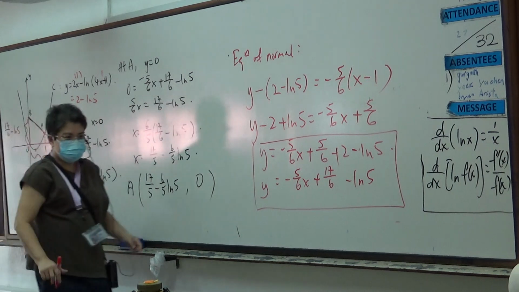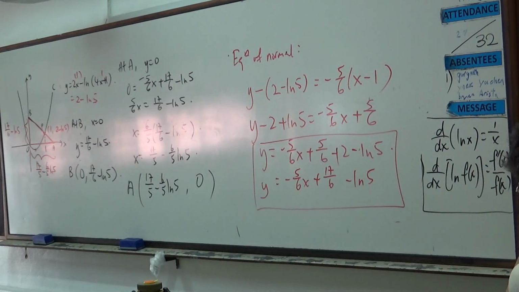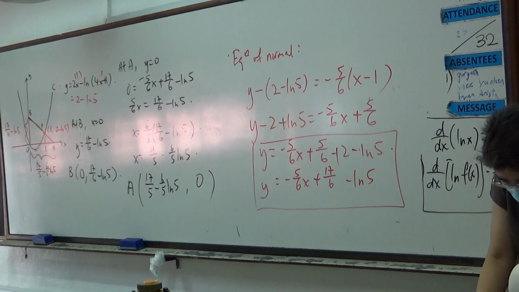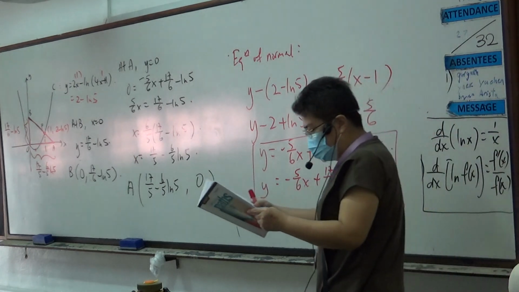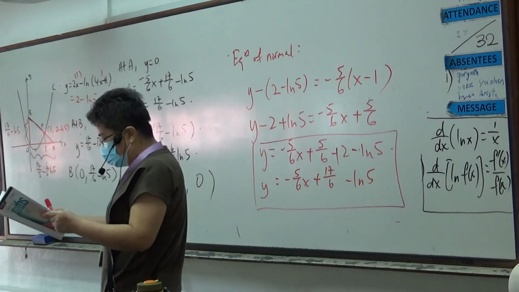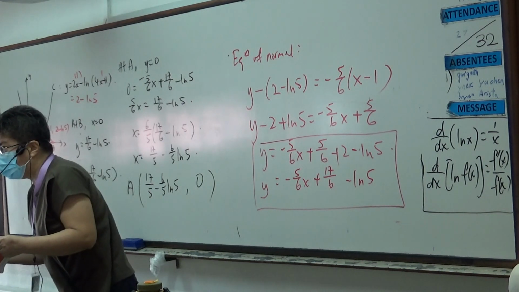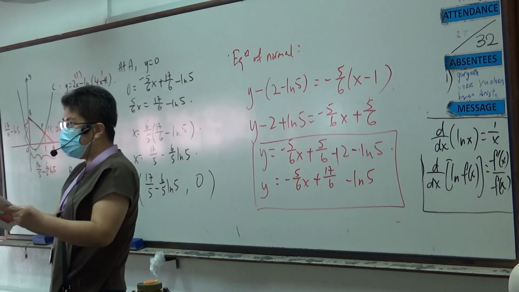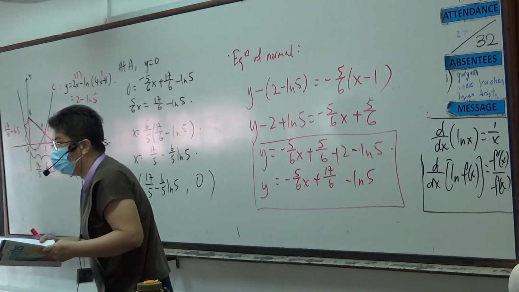Okay, look at the answer given in the textbook. Half base times height. They simplify until they get 1 over 16, 17 minus 6 ln 5 square unit square. Is that clear? You will simplify. But the question says A and B are to be found and they are integers. Integers means they can be positive or negative whole numbers.